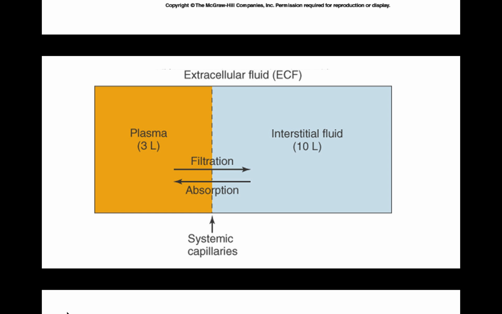So like I just said, there's a lot of exchange in the capillaries, okay? This diagram is symbolizing what's inside the capillaries. This is inside the tubes. You've got all this plasma. And this light blue box is representing the interstitial fluid, which is outside the capillaries. So, anytime you are pushing fluid out of the capillaries, that is called filtration.